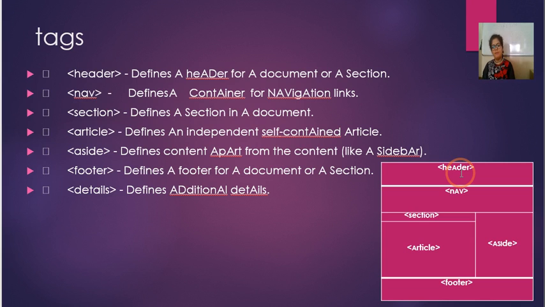If you have to create links and provide navigational links, then you can make use of navigation tag. It defines a container for navigation links. So we can make use of navigation tag to create navigational links.